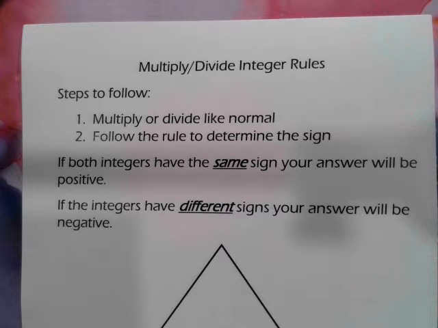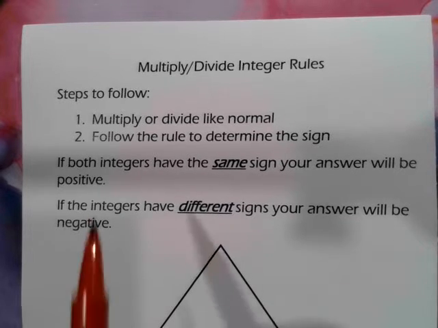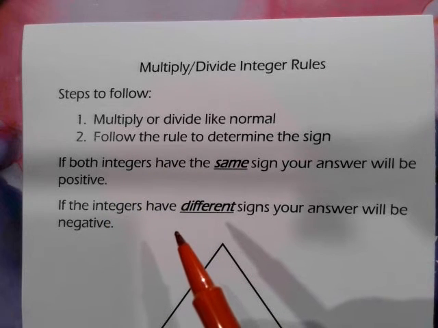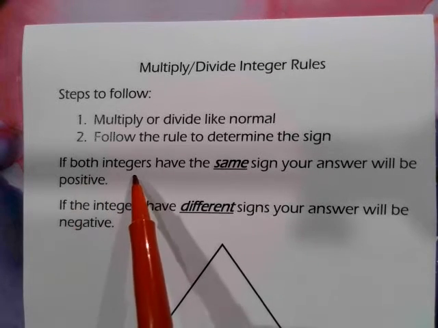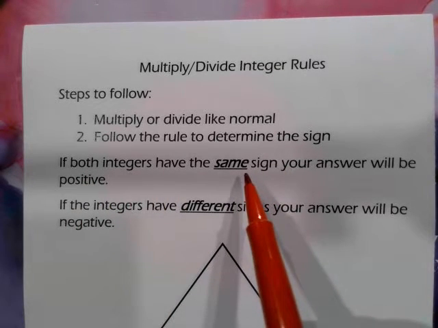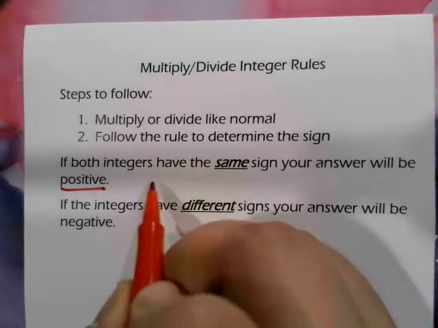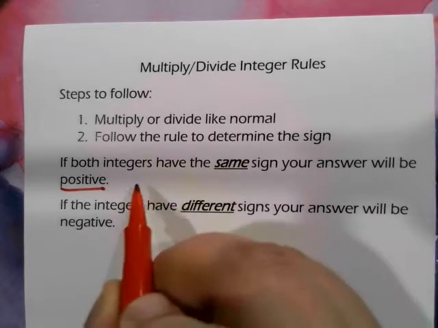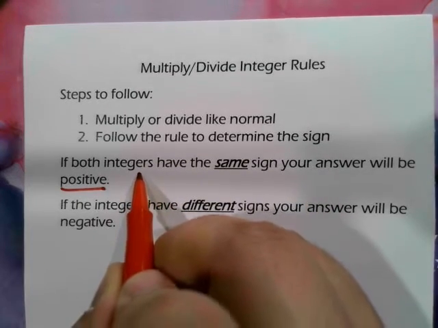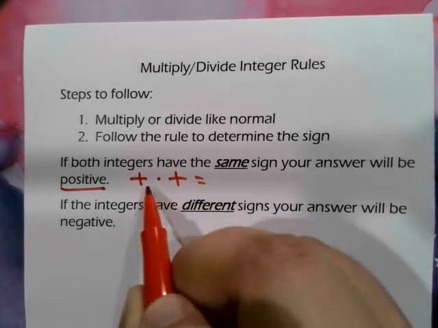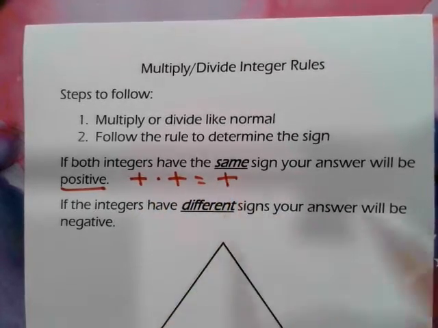The first one is if both integers... Now this does apply when you're multiplying or dividing two numbers together, not three or more, only two. If both integers have the same sign, meaning both of them are positive or both of them are negative, then your answer will be a positive integer. In terms of multiplication, even though it applies for division too, a positive times a positive, the dot means multiply, will obviously equal a positive.